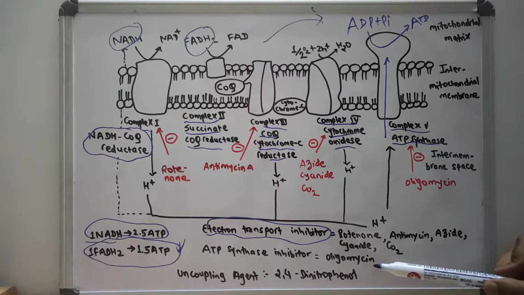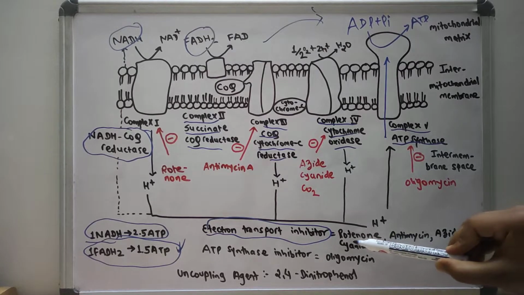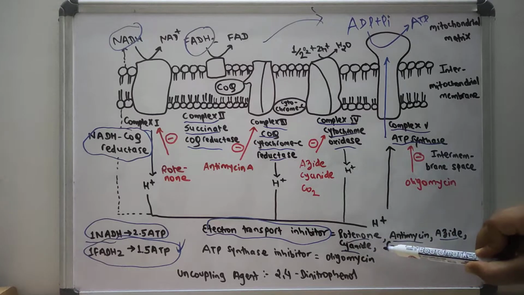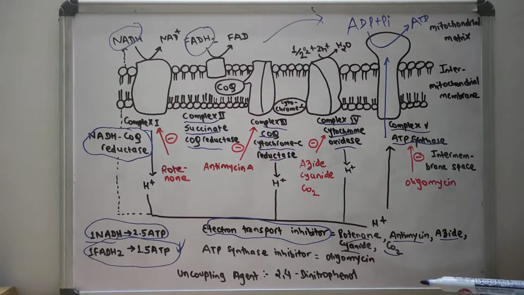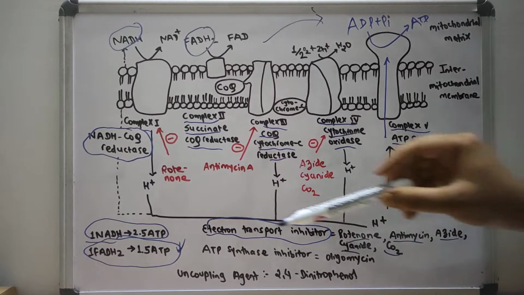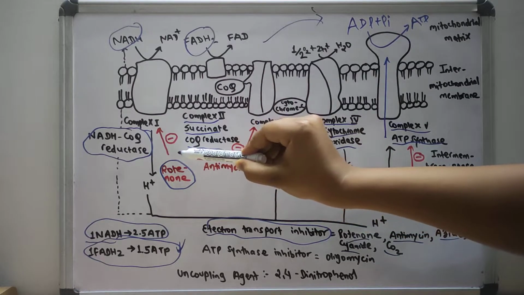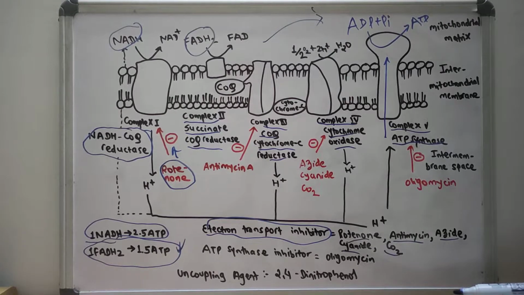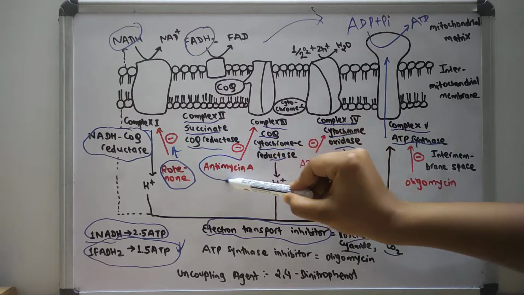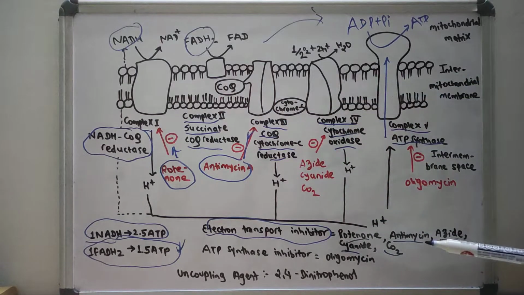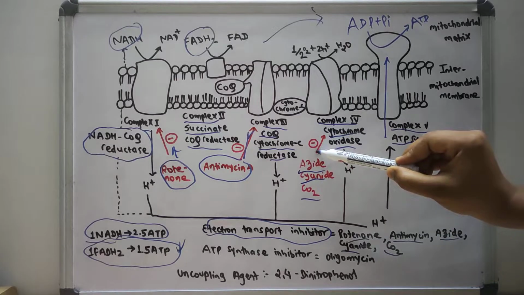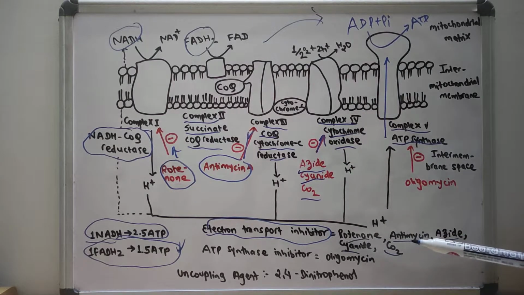The electron transport inhibitors are rotenone, antimycin, azide, cyanide and carbon monoxide. Rotenone is an inhibitor of complex 1, antimycin A is an inhibitor of complex 3, and azide, cyanide and carbon monoxide are inhibitors of complex 4.